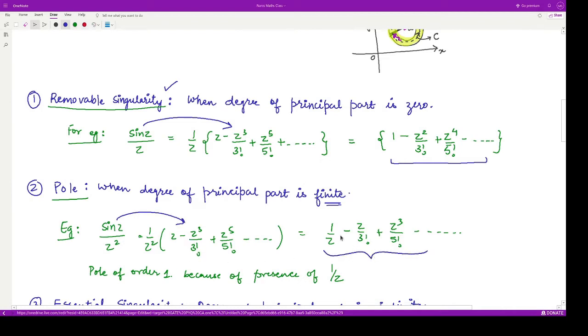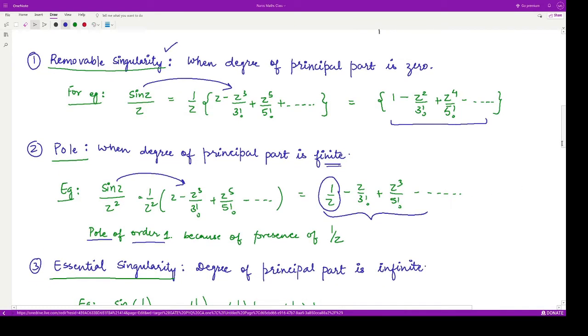Here you see this term where z is appearing in the denominator. Such terms having z in the denominator correspond to a pole. We only have one term of such kind, so we say we have a pole of order 1 because of the presence of this particular term.